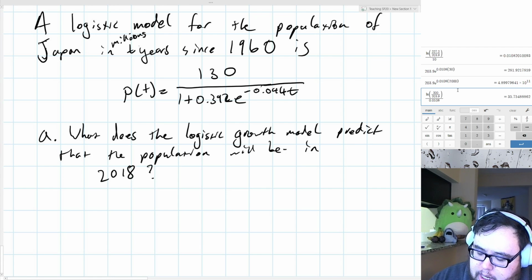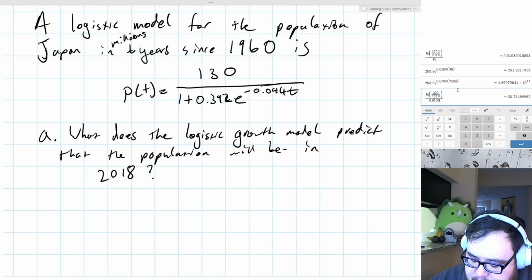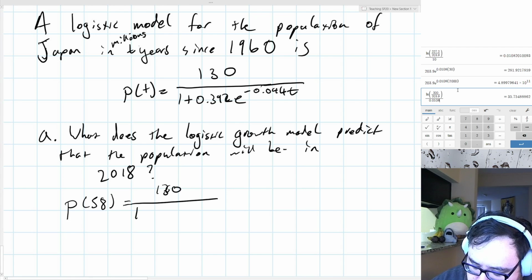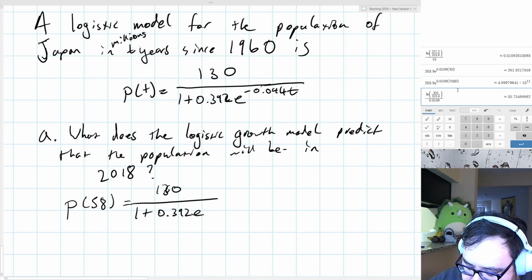Well, this is a model that is in years since 1960. So we're looking for P of 58, which would be 130 divided by 1 plus 0.392 e to the negative 0.044 times 58.